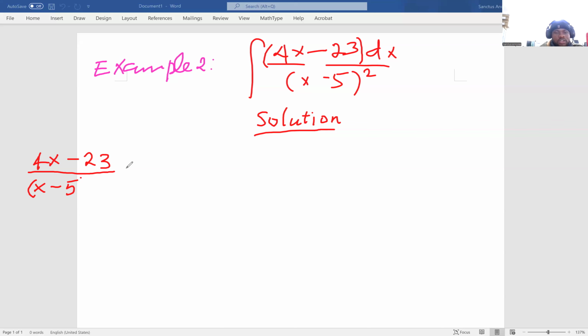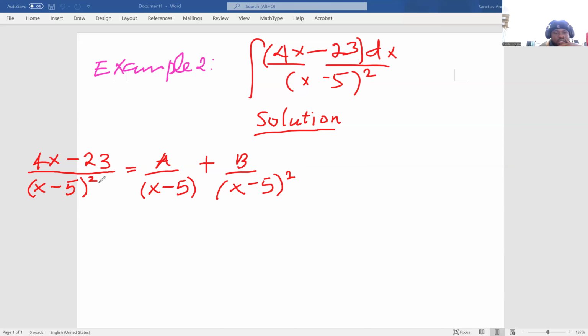To resolve this into partial fractions, we have A over x minus 5, then plus B over x minus 5 to the power 2. This is how you do it.